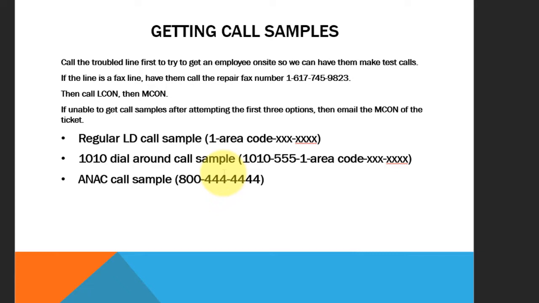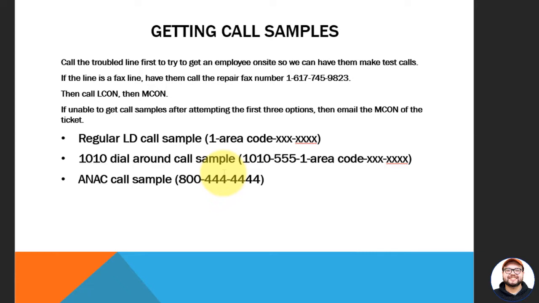The second call I'm going to have them do is what we call a 1010 dial around call sample. Literally, it's a troubleshooting code that we can dial in front of a long distance number that potentially could route around the local carrier, and it's possible it could complete with that code.